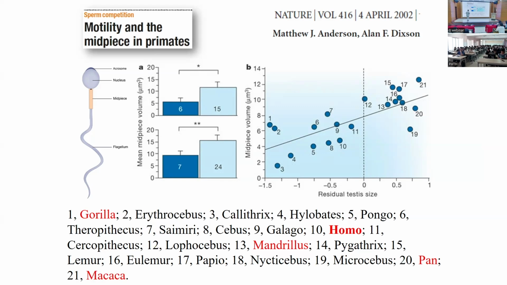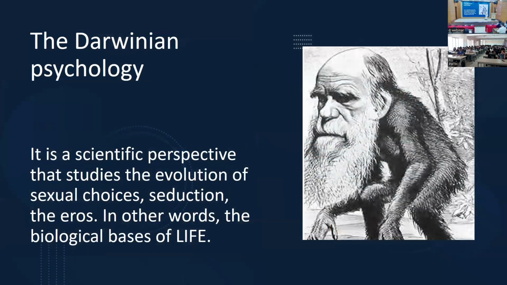And as you can see, the mid-piece of Homo sapiens is in between, exactly as the size of the testes. It means that among the primates, we are in between. Not as unfaithful as the chimpanzee, but not as faithful as the gorillas. So this is also a demonstration of what I said.